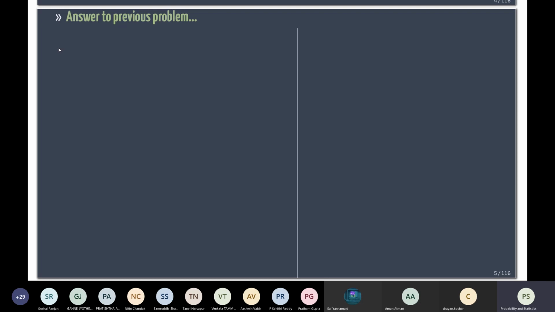So due to symmetry, the first point is that due to the symmetry of the normal distribution about 0, minus X is also a normal distribution N(0,1). Okay, so that's the first thing.